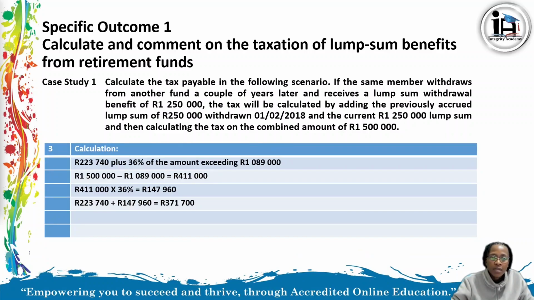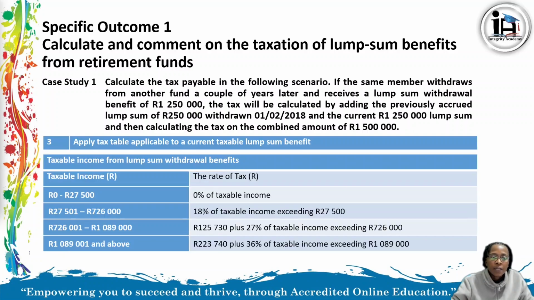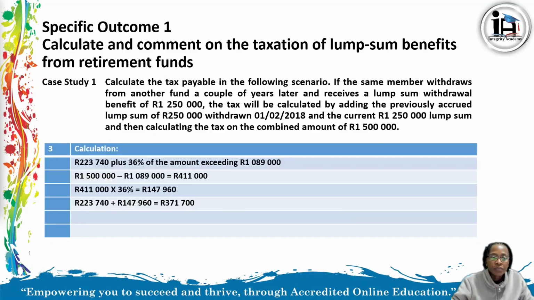Since 1,500,000 exceeds 1,089,000 and above, you see, according to the tax table, it says that 223,740 plus 36% of taxable income exceeding 1,089,000. Therefore, 223,740 plus 36% of the amount exceeding 1,089,000, which is 411,000.